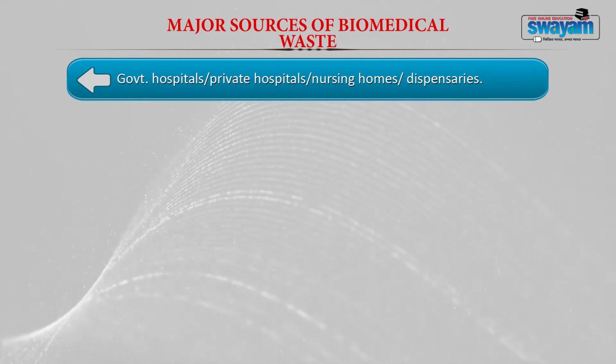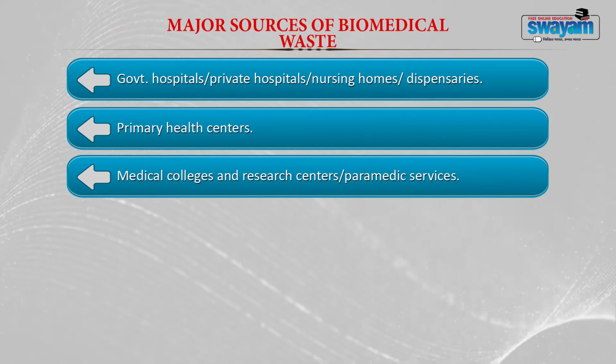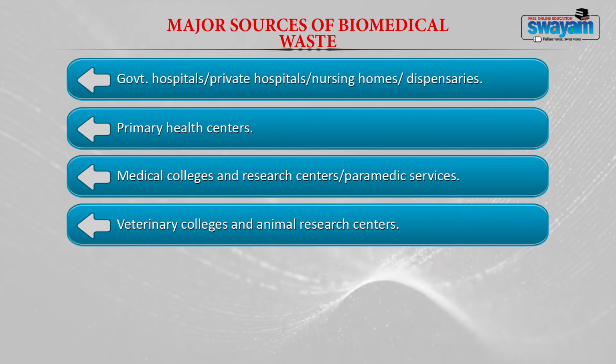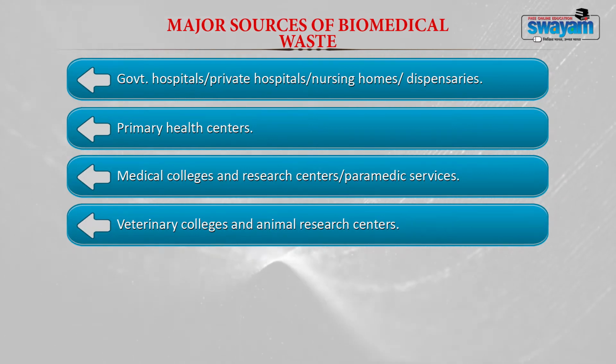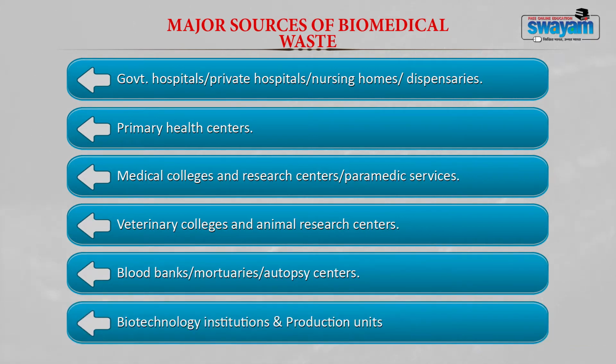In addition, the primary health centers, medical colleges, research centers, paramedical services, veterinary colleges that deal with animals, animal research centers, blood banks, mortuaries, autopsy centers, biotechnological units, and production units all come under the major sources.